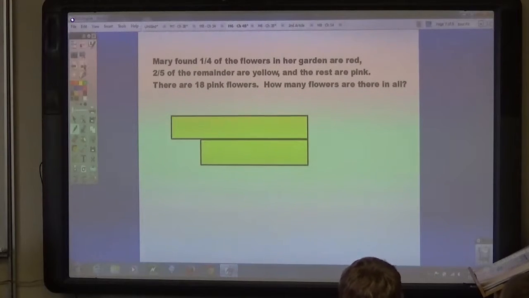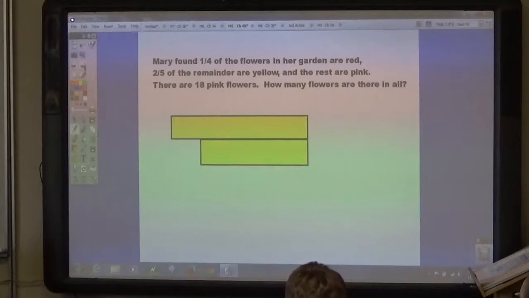Mary found 1/4 of the flowers in her garden are red. 2/5 of the remainder are yellow, and the rest are pink. There are 18 pink flowers. How many flowers are there in all?